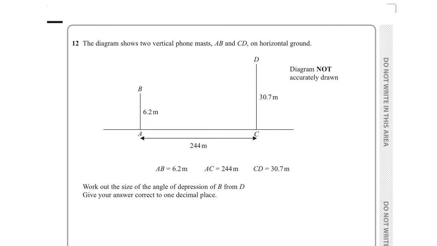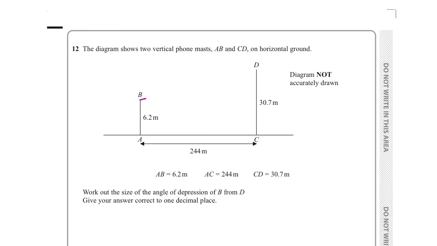It's from D to B. Okay? So if you think about it, this is a trapezium, but technically we can draw a right angle triangle here.